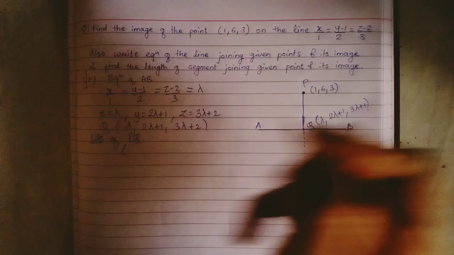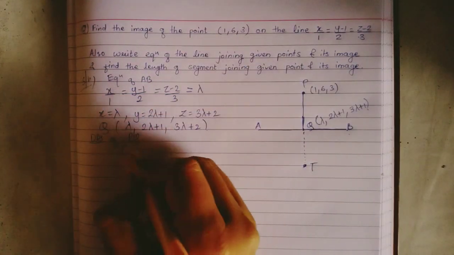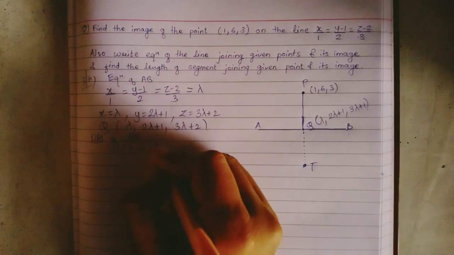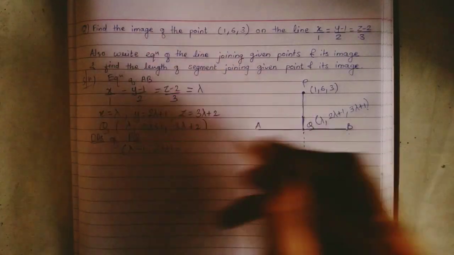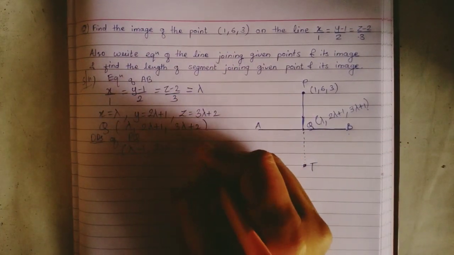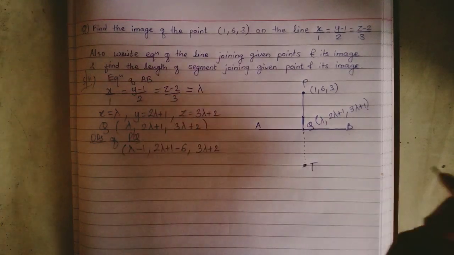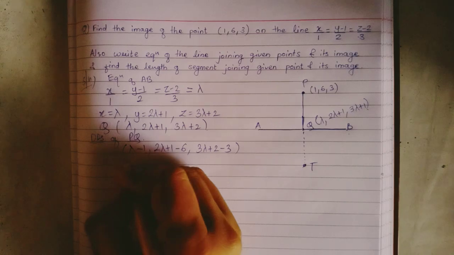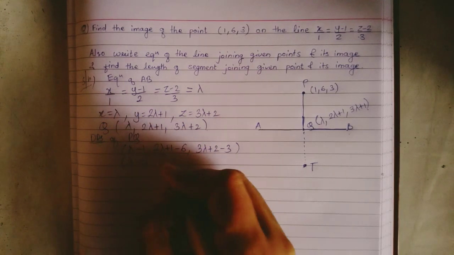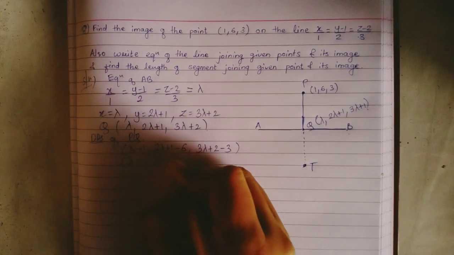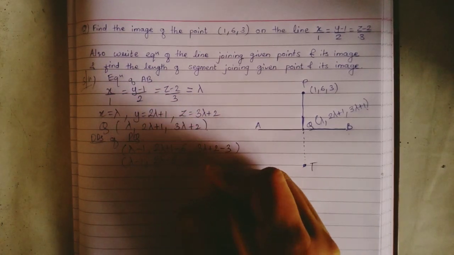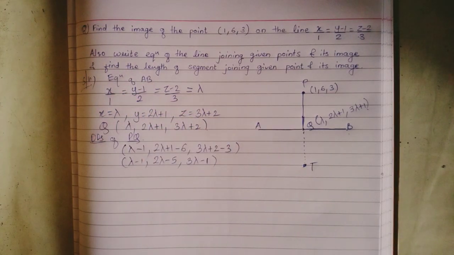So the direction ratios of PQ are lambda minus 1, then 2 lambda plus 1 minus 6, 3 lambda plus 2 minus 3. So this is lambda minus 1, 2 lambda minus 5, 3 lambda minus 1. These are the direction ratios of PQ.